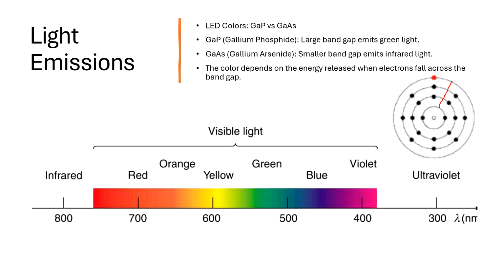It comes down from up here to the hole, and the light's color depends on the energy of that drop. The energy of a drop from all the way out here to here will be higher than an energy drop from here to here. The higher the energy drop, the bluer the light, and the smaller the drop, the redder the light.